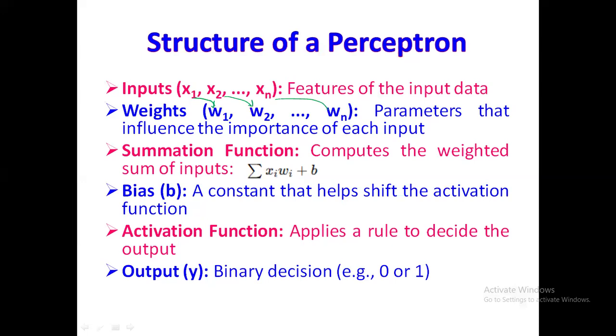The perceptron uses a summation function to calculate the weighted sum of all inputs. This is typically expressed as the summation of xi into wi. We can represent it as x1 w1 plus x2 w2, and so on up to xn wn, plus b. Here, the input value associated with the bias is equal to 1, and we call that the bias.